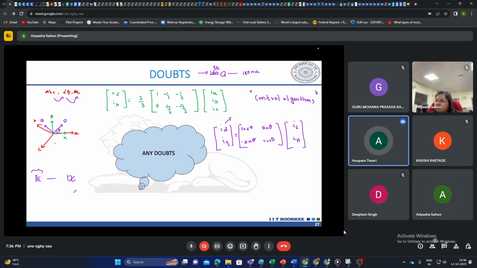But this DC microgrid concept is coming for these reasons only, because our sources are also changing to DC.